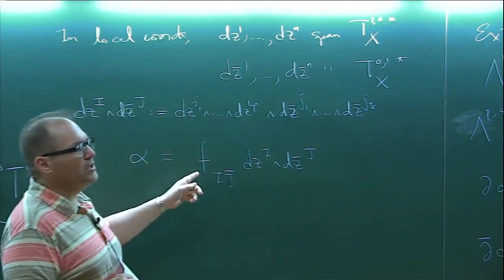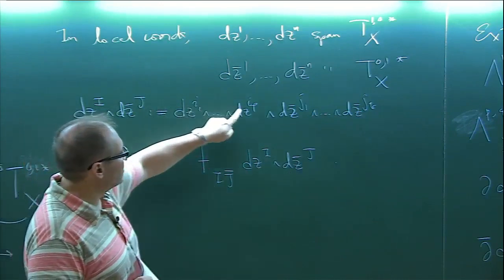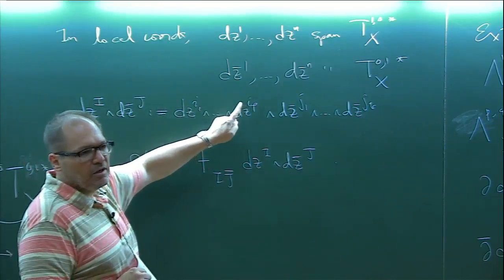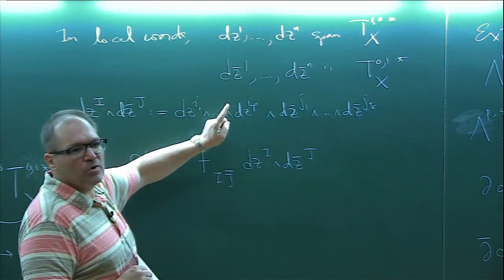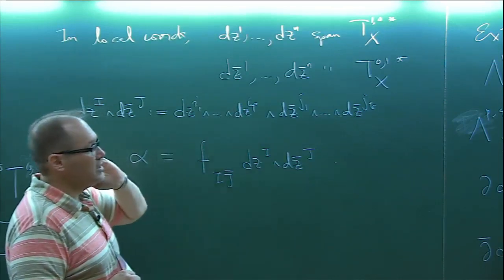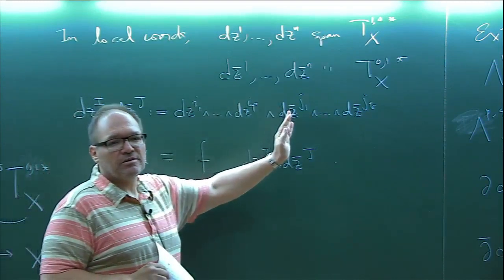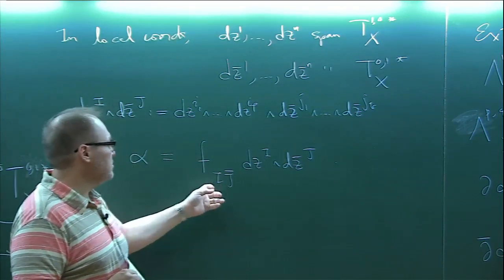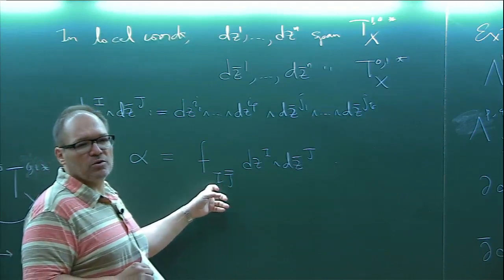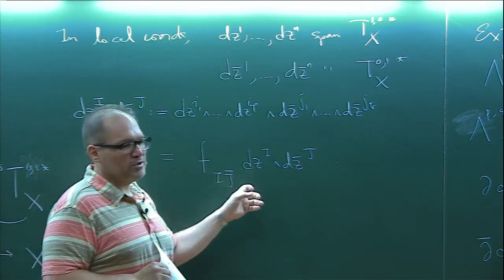If you want to get uniqueness, there are two standard ways. One is to make these indices increasing. That way is not a good way for most of the geometric calculations, and the reason is that it completely forgets the skew symmetry. A better thing is to assume that the coefficients are also skew symmetric. And if you assume that, then again you have a unique expression.